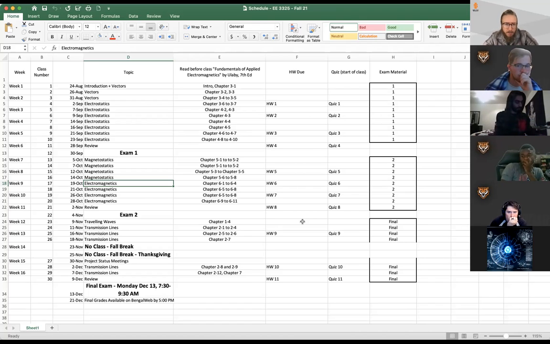Then at the very end, one of the last things we're going to look at is this idea of displacement current. We have these 4 Maxwell's equations, and we're able to unify them with this idea of displacement current, which says that if you change the electric field in time, that's also going to contribute some current to the previous equations that we saw.